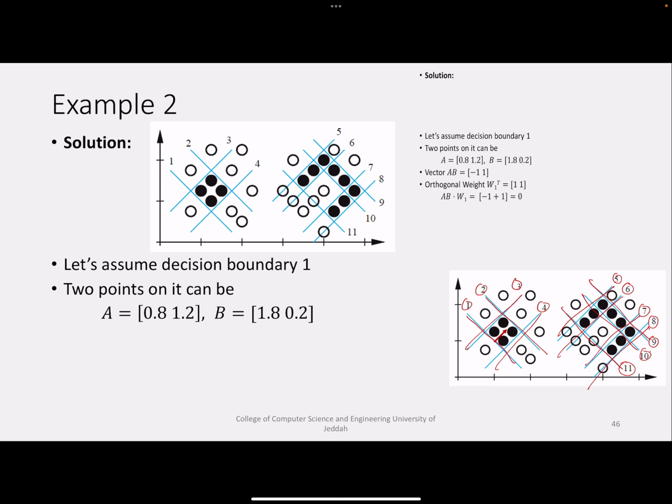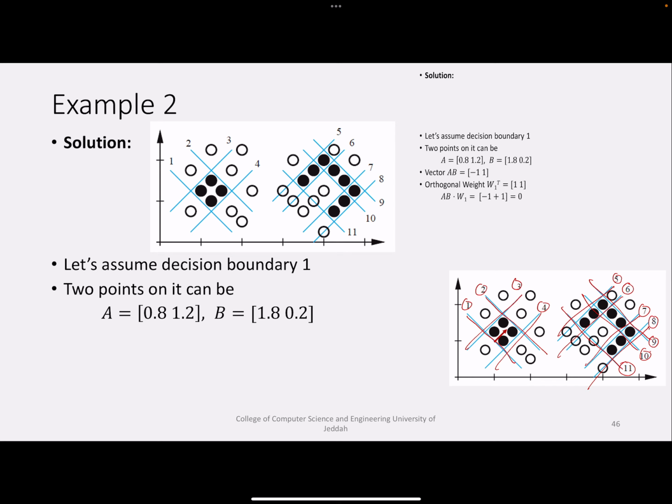By now you should be very familiar with how you find the weights and biases for one specific decision boundary. We are going to do the same thing here, not just for one decision boundary, but for all 11. For the first one, I'm just going to walk you through this slowly. We pick 2 points.